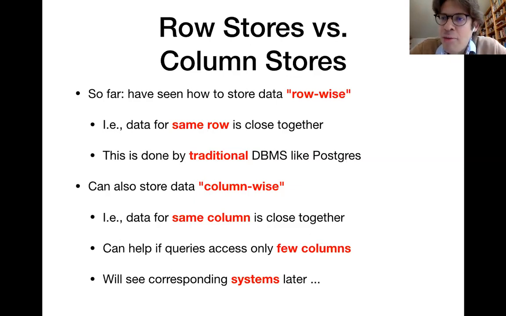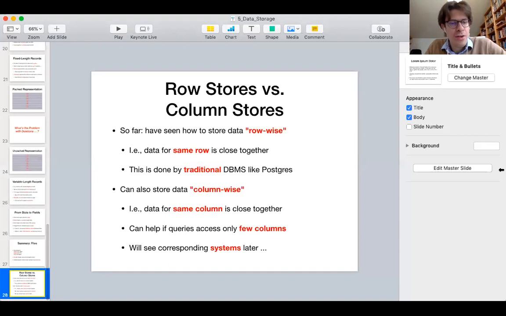And if I'm not interested in many columns, it means I'm loading a lot of data that I actually cannot use. And in those cases, a column store architecture might be more efficient. But that is a topic that we will discuss in more detail later, where we will also see specific systems that use this newer column store format. All right.